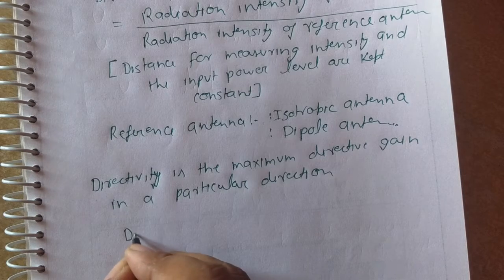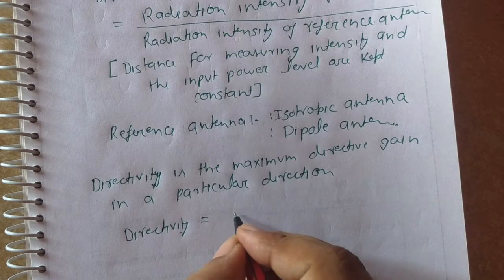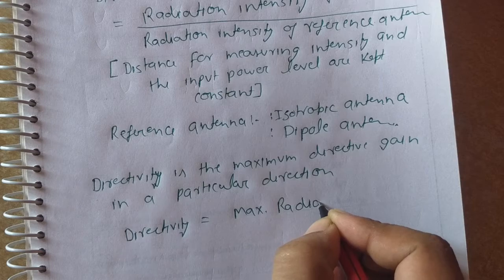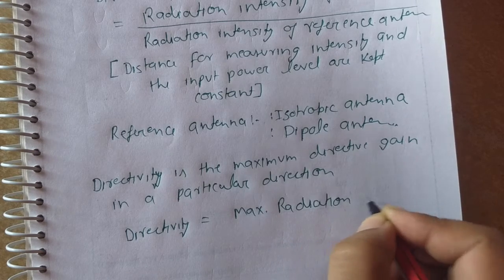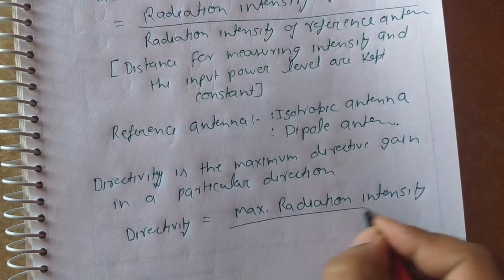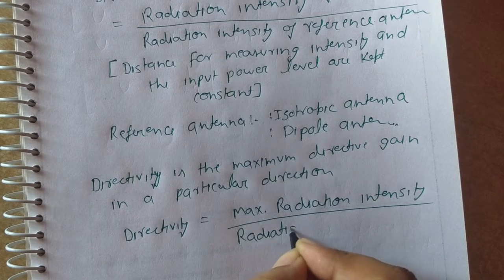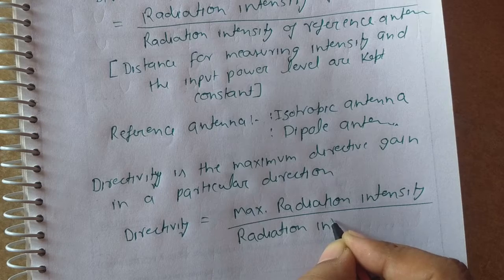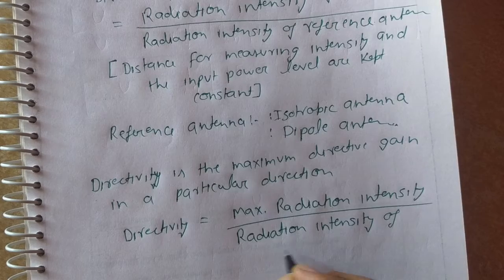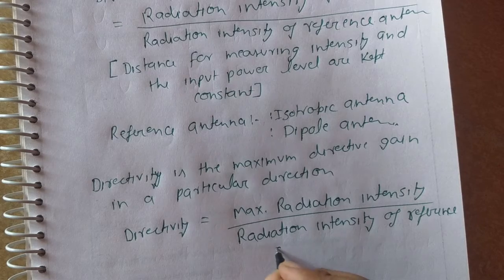So directivity is defined as maximum radiation intensity divided by radiation intensity of reference antenna.